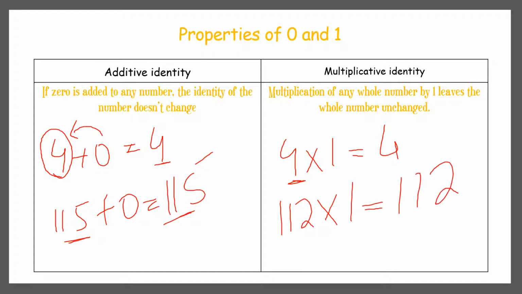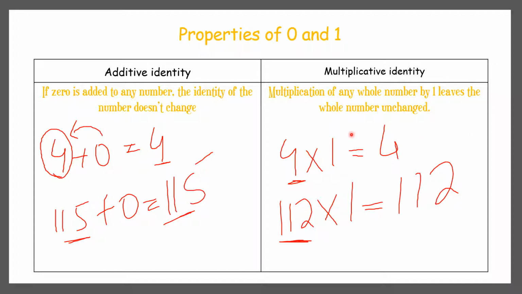So the whole number doesn't change, it remains the same. So 1 is the multiplicative identity because when you multiply any number by 1, the number doesn't change, and when we add 0 to any number, the identity of that number doesn't change. So 0 is the additive identity and 1 is the multiplicative identity.